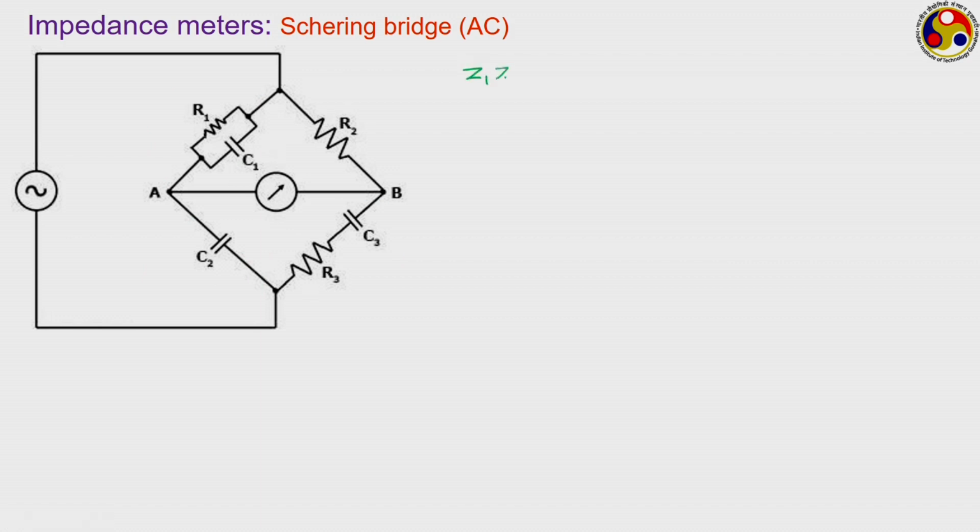Z1 Z3 is equal to, let us say, Z2 R2, where Z2 refers to this particular one. So Z2 will be equal to minus j upon omega C2.